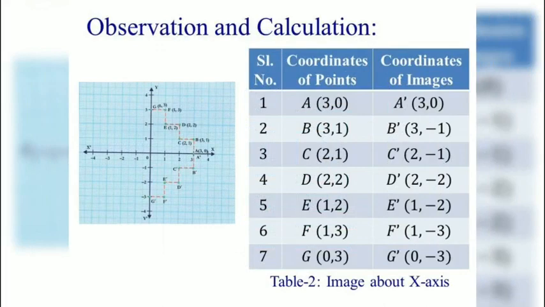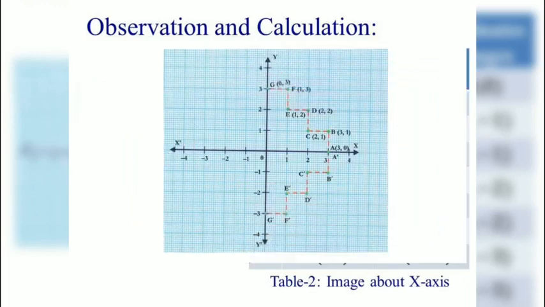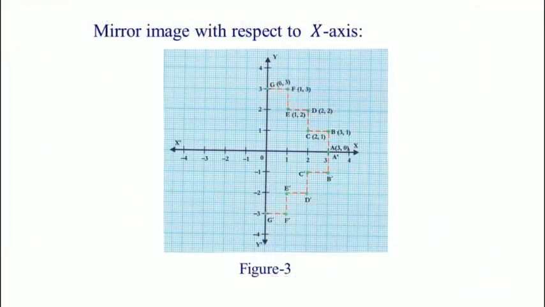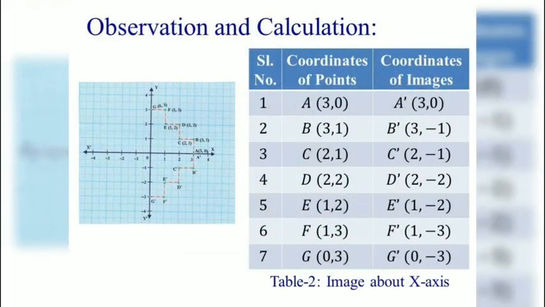Then the observation and calculation of the mirror image of these points with respect to the x-axis. So this is the table showing the mirror image of points A, B, C, D, E, F, G.